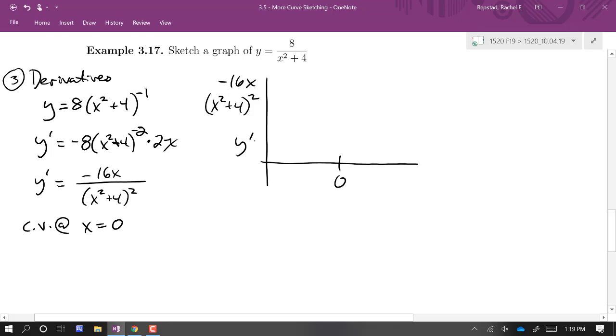The top, negative 16x, is a linear factor, but the bottom is not linear. That's okay. Usually I'd have to be careful with a quadratic factor, because quadratics can be 0 in more than one spot. But we've already observed this is all positive. I'm taking something that's already positive and squaring it, so this row is easy to fill in.